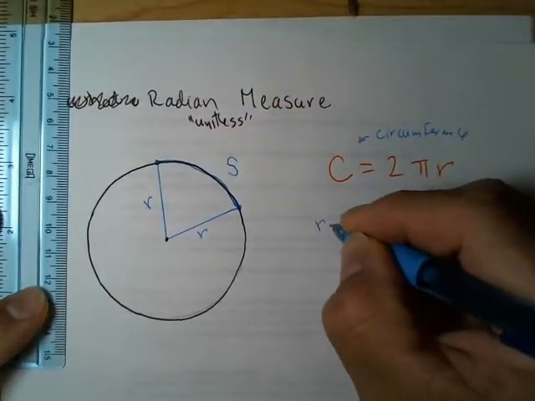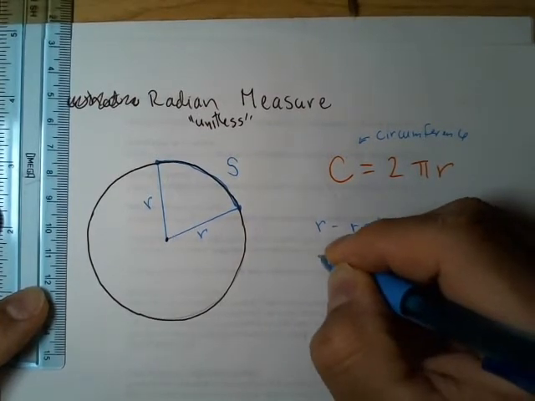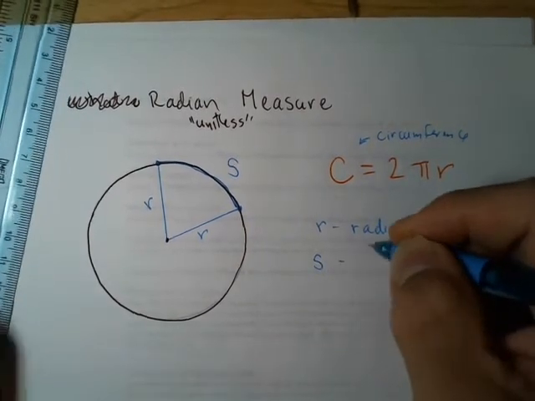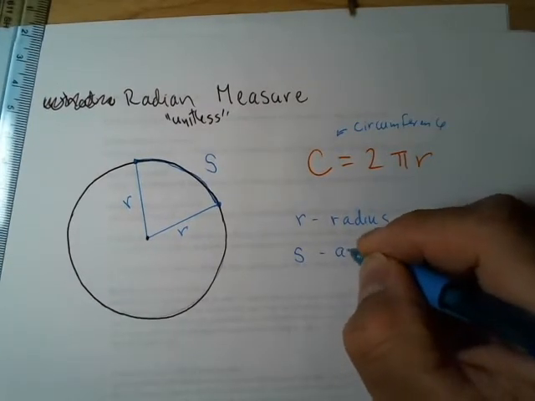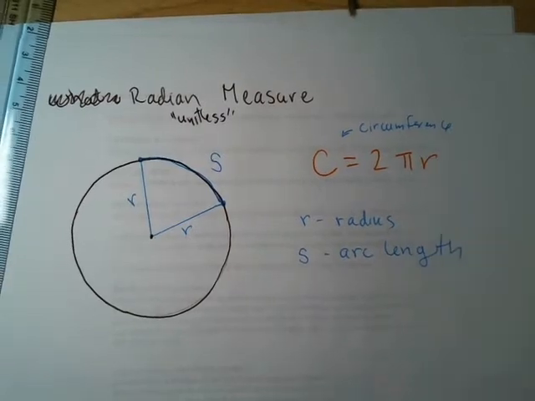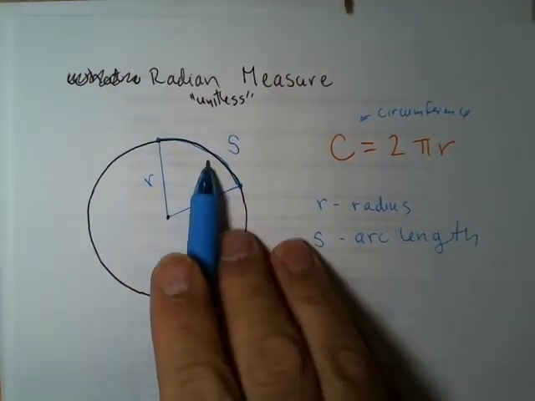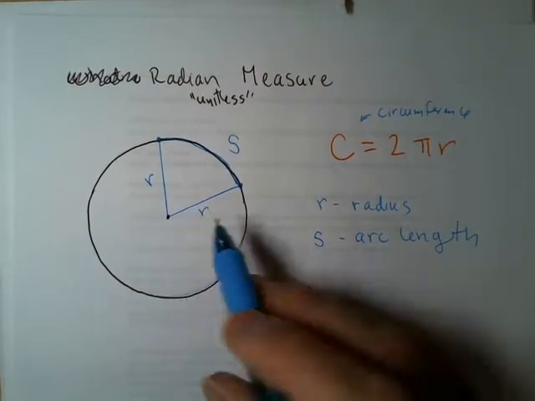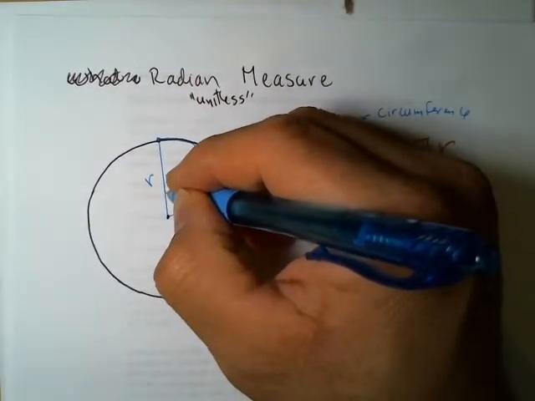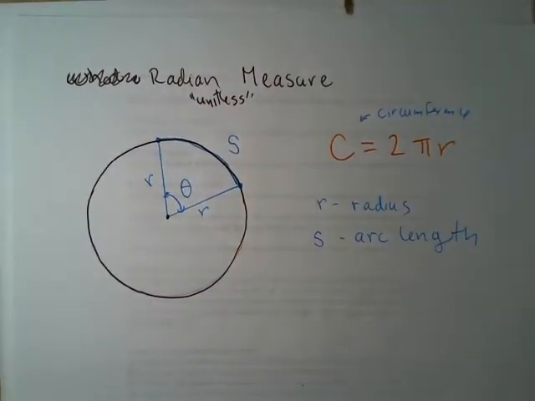So r is the radius, and s is what's called the arc length. And describing the arc length in this way, we have an angle, we'll call it theta, that is extended out by this arc length.